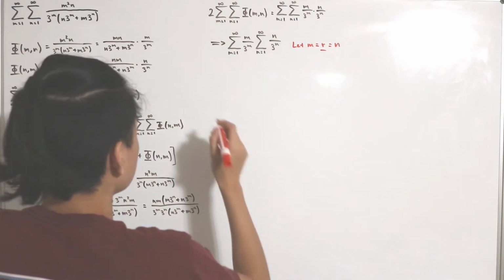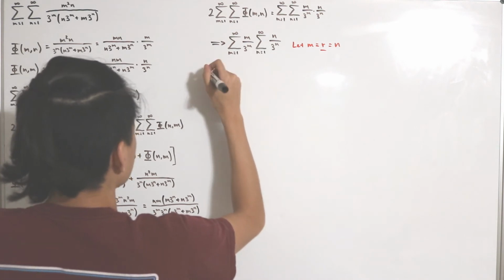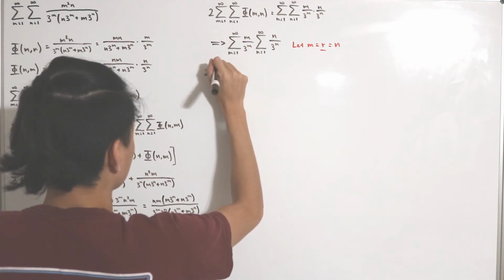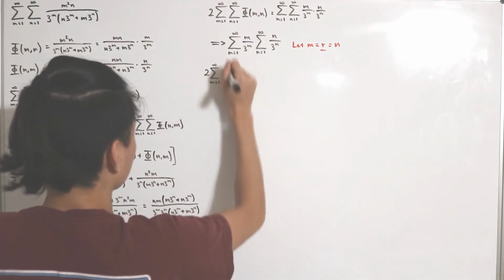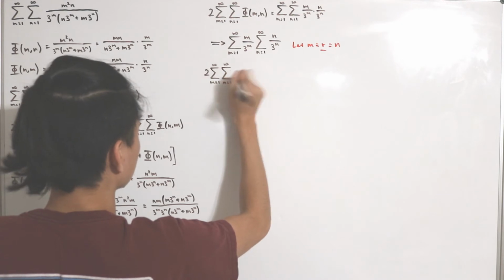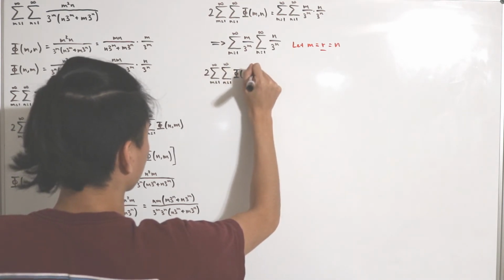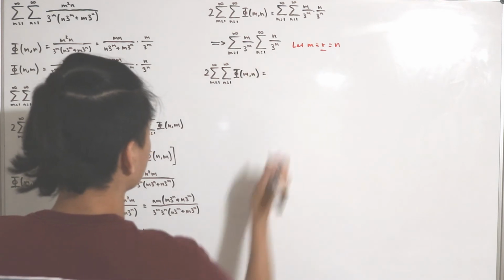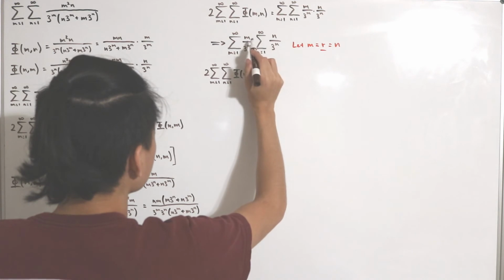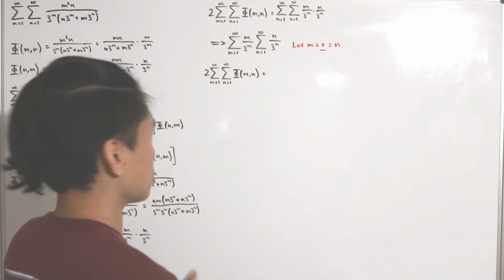So what this means is we have 2 times this double series, one, then infinity, n is equal to 1 of our capital Phi. And so that's equal to, so we let r, so substitute r for m and n. And notice that it's quantity squared.